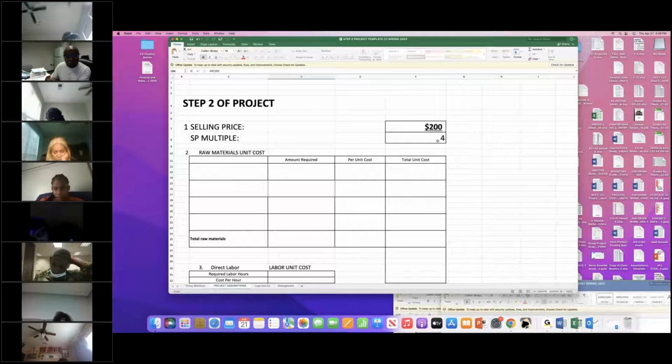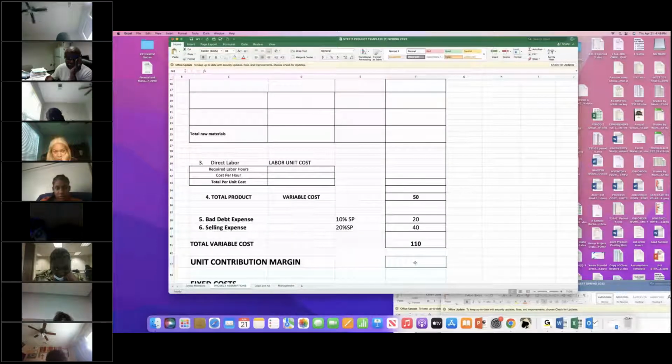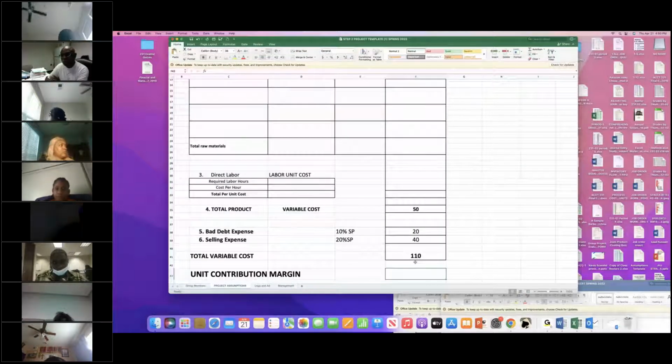Contribution margin is going to be what? What is our contribution margin? You have to use those formulas. Let me look at my notes.